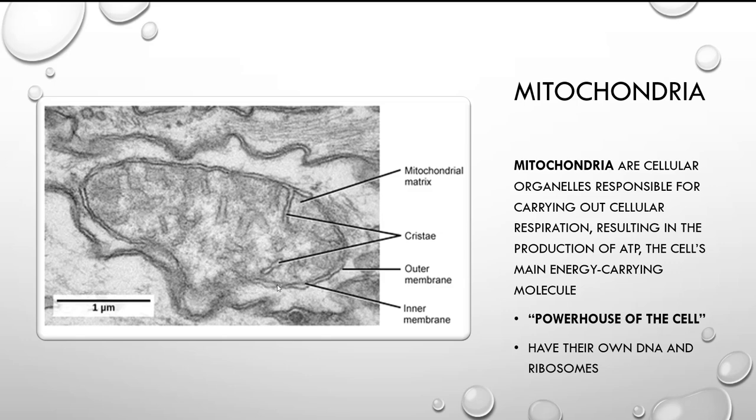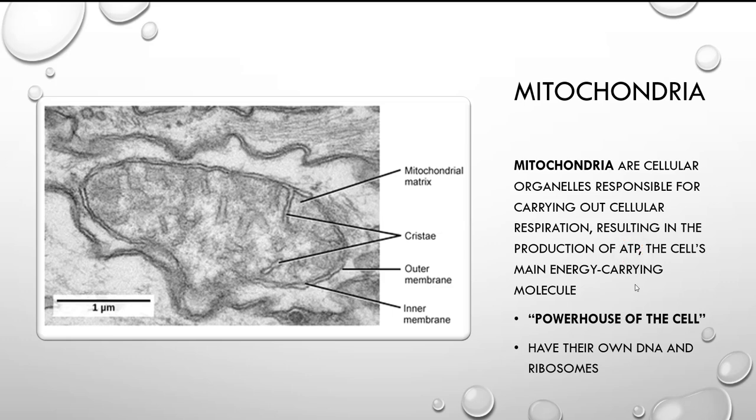This is what generates the ATP that powers the cell, and we'll talk about that in chapter 7, cellular respiration. Cellular respiration is the process where we take nutrients, such as glucose, and extract cellular energy from them. The mitochondria is the site of that process, carrying out cellular respiration and resulting in the production of ATP. ATP is the cell's energy carrying molecule.